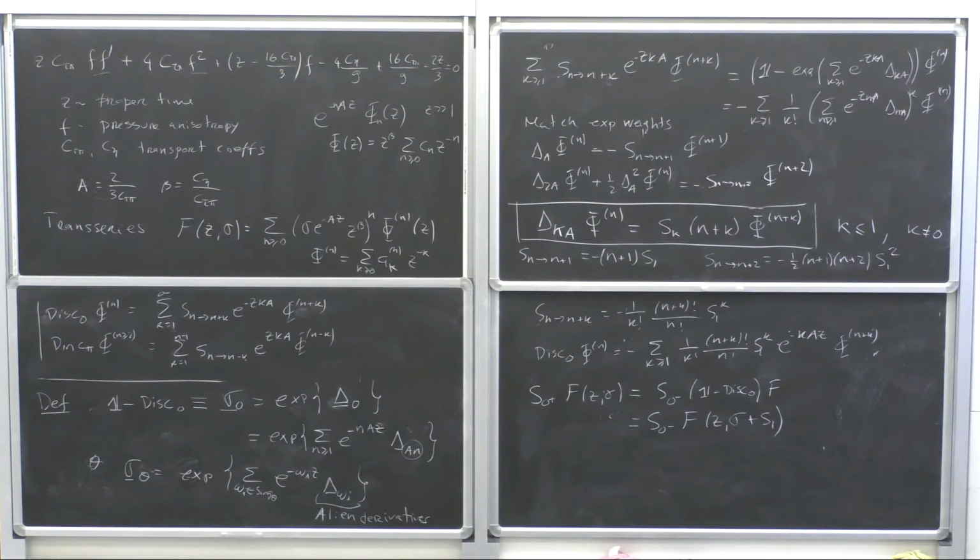It jumped by the Stokes constant. That's exactly what's happening here. Across the Stokes line, at 0, the parameter sigma, which is now our parameter in the trans series, jumps by the Stokes constant, which is a single Stokes constant in this case as well. So it's exactly the same thing. And again, you just need to use these, and with the binomial theorem, you get exactly the correct sigma plus S1. So it's quite simple.